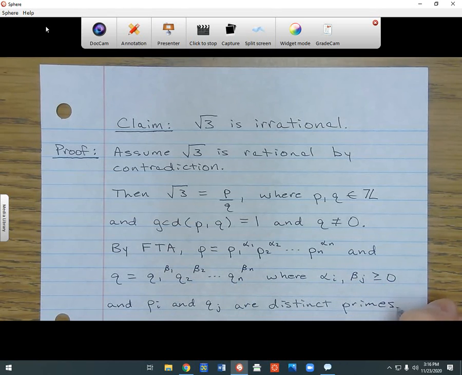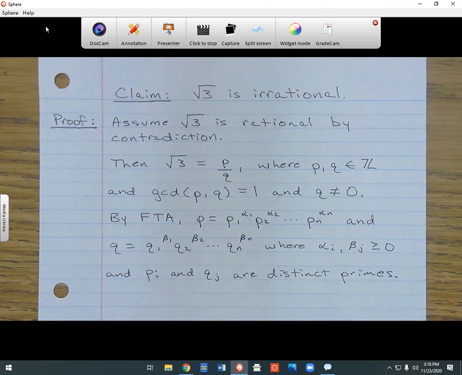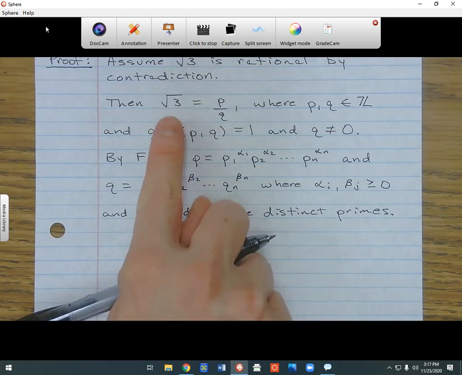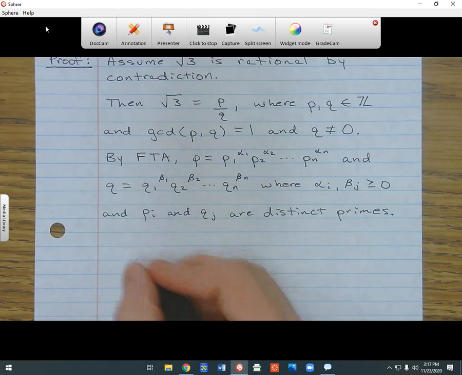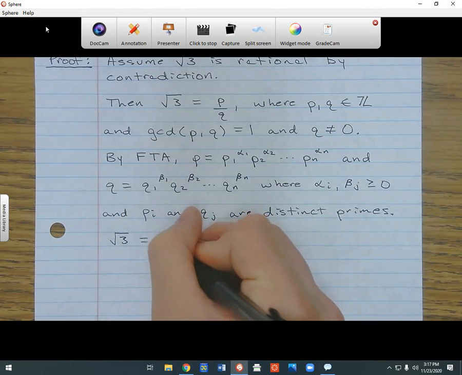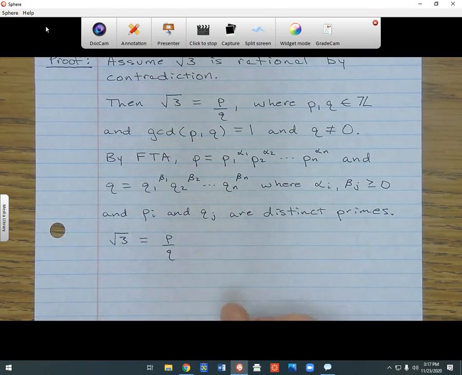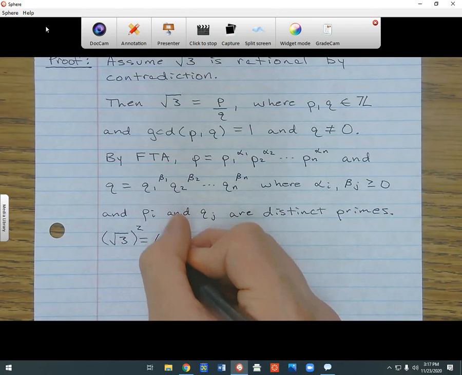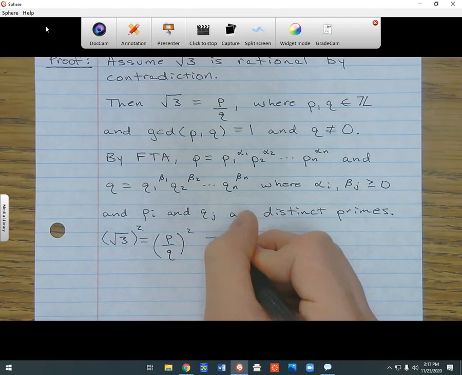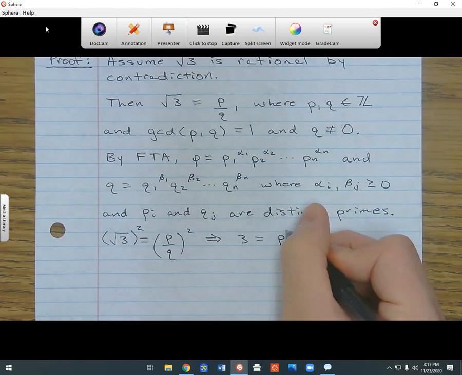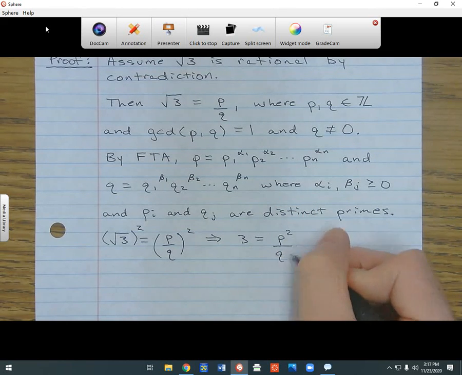Okay, so then here's where the algebra comes in. We're going to take our original statement, the square root of 3 equals p over q. We can take this statement and we can square both sides. So if I was to square both sides, I would have to square this side and this side, and I would get 3 is equal to p squared over q squared, right?